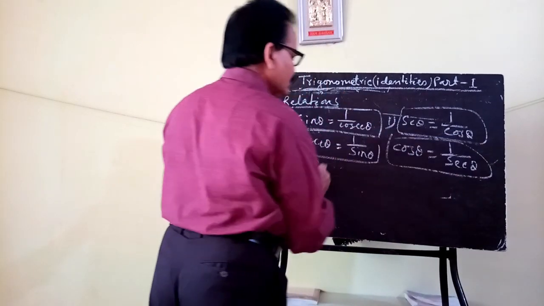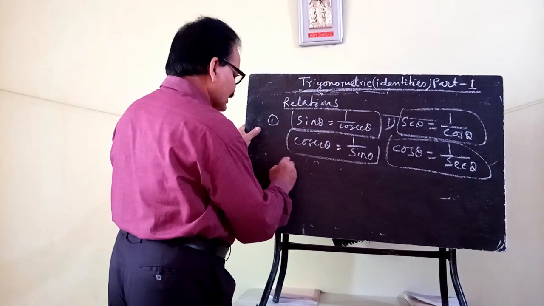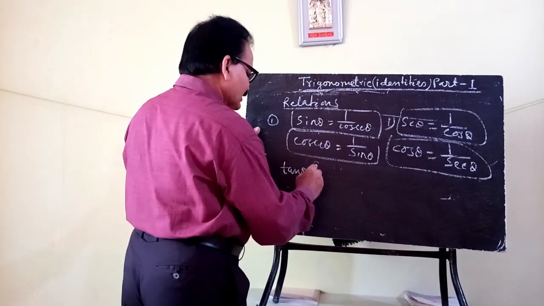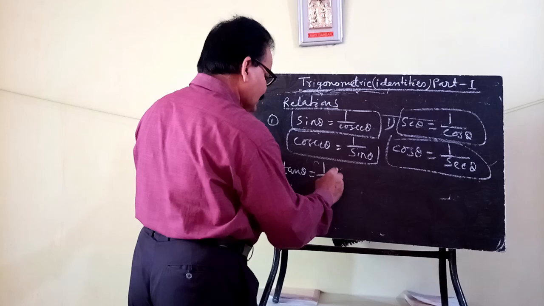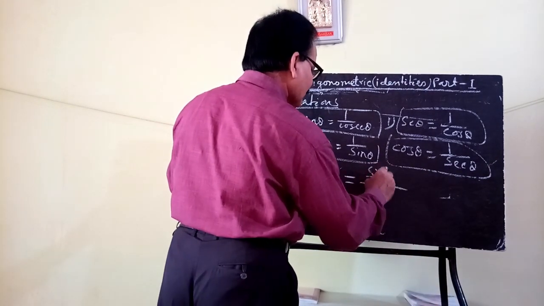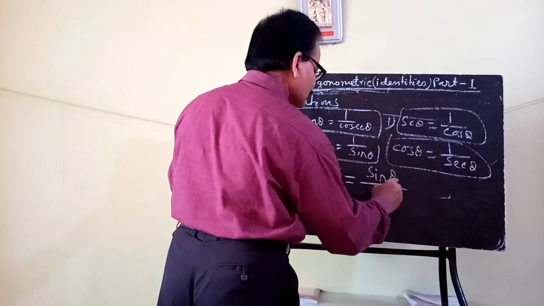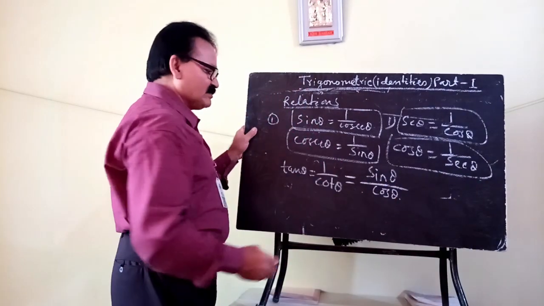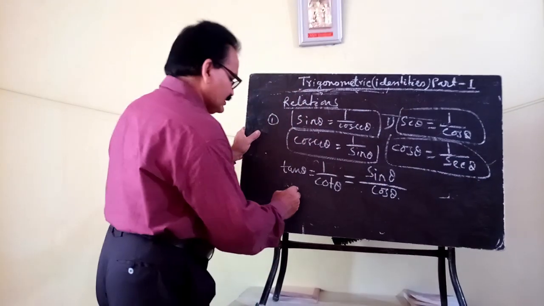Tan theta can be replaced by 1 by cot theta, or by sin theta by cos theta.